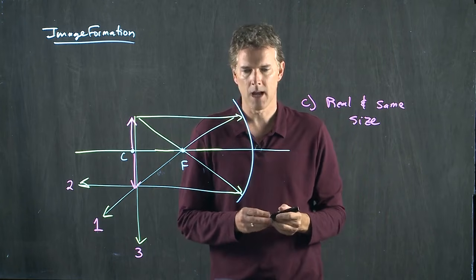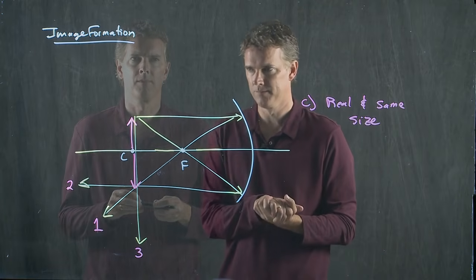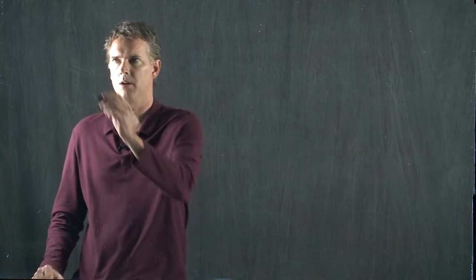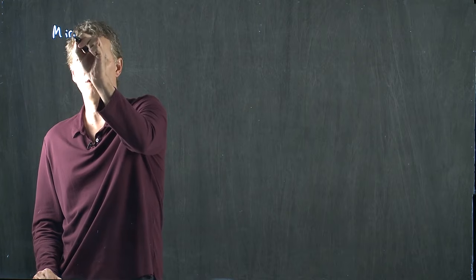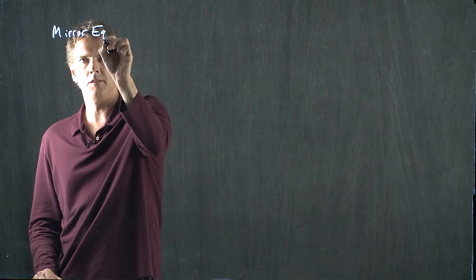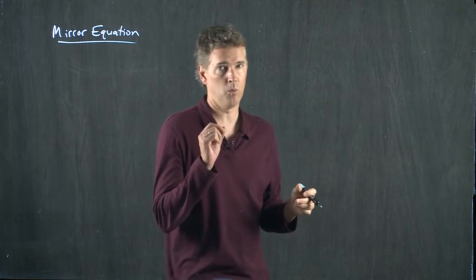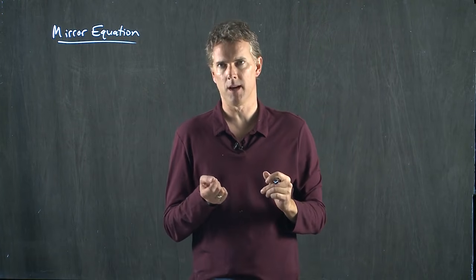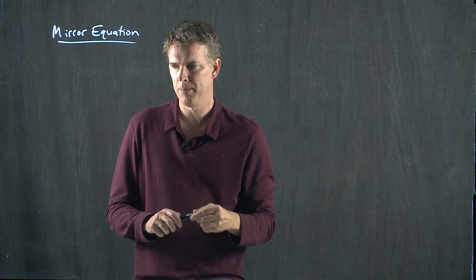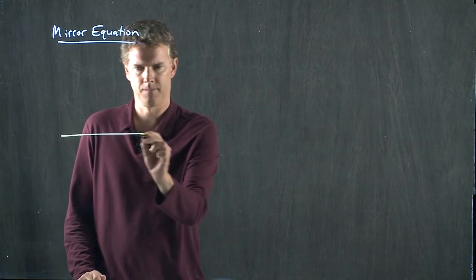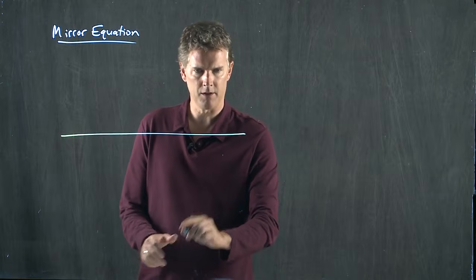Okay, excellent question. Okay, let's talk about something called the mirror equation. And this is the mathematical tool for figuring out exactly where that image is going to lie. So let's draw our picture again. And this is our mirror.